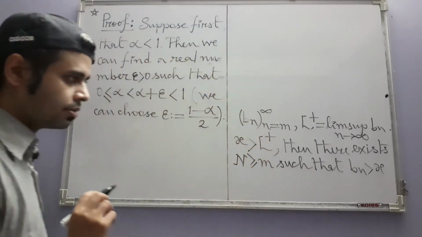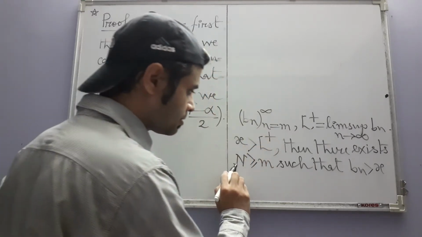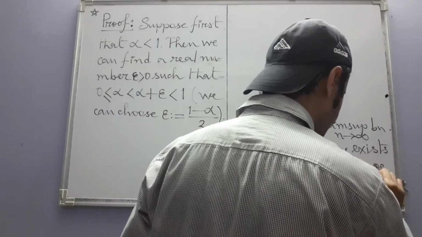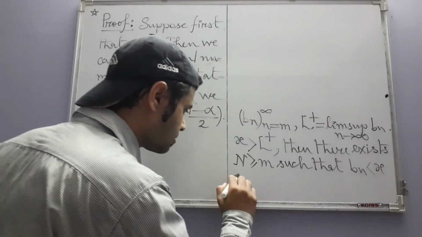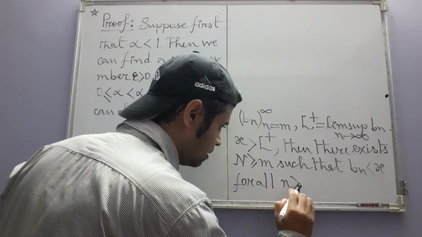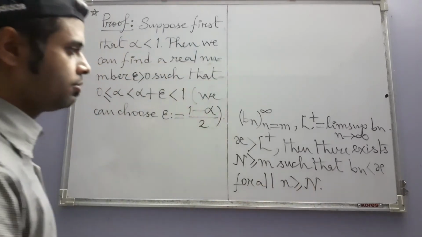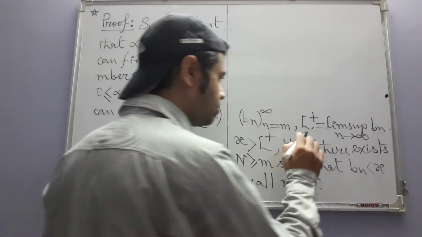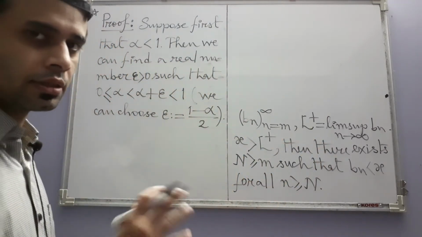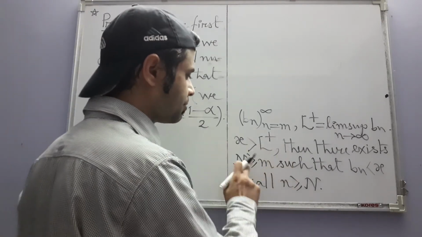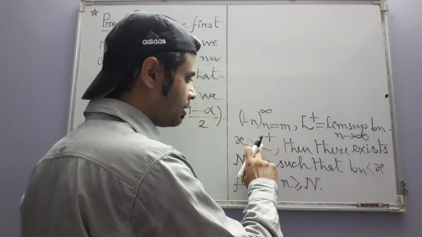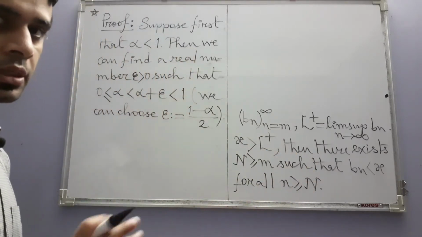If x is greater than L, then there exists such a stage such that Bn will be less than x for all indices n greater than or equal to n. Confusion arises because there is a similar one, the other type of inequality, that is, if you get an extended real number less than L plus, for that also there is something.